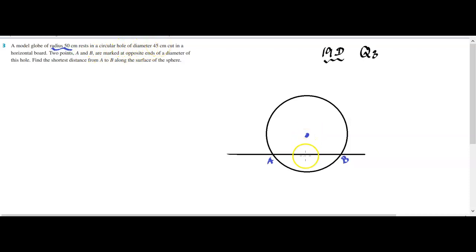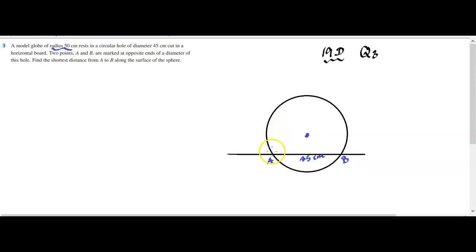So the diameter here is 45. Find the shortest distance.